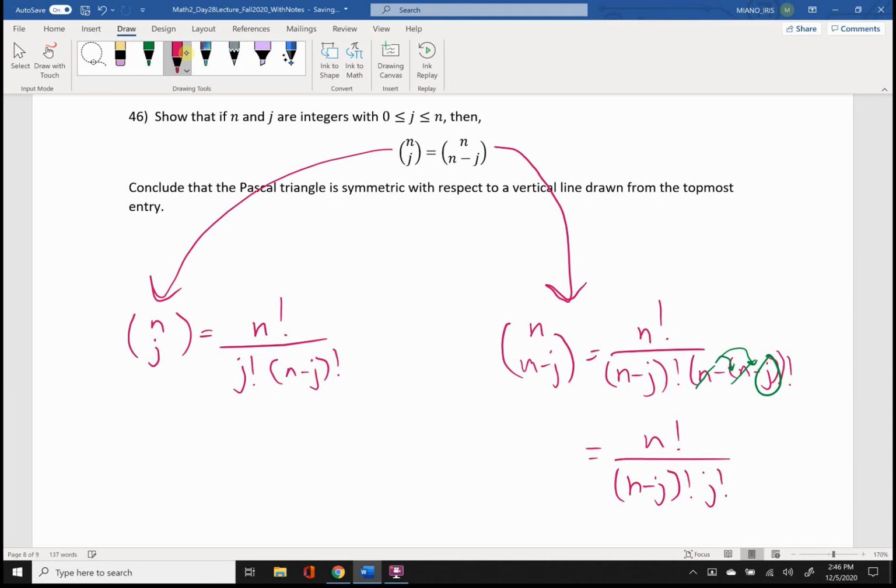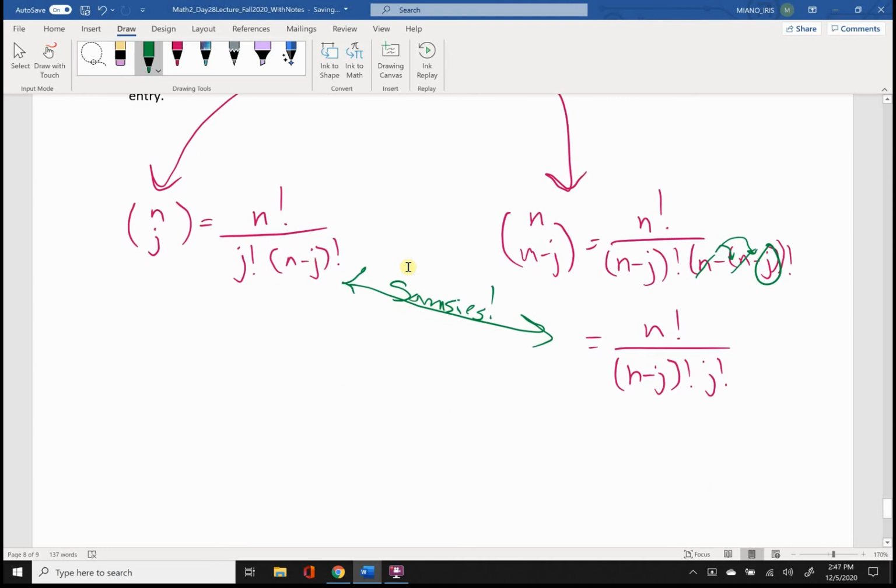Well, wait a second. Isn't that just the same thing here? Aren't these the same? Yes, they are, because j factorial times n minus j factorial is the same as n minus j factorial times j factorial. Multiplication is commutative, folks. So we've just shown that these two are the same.